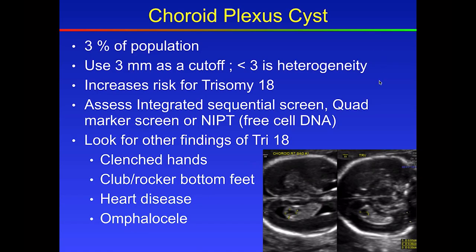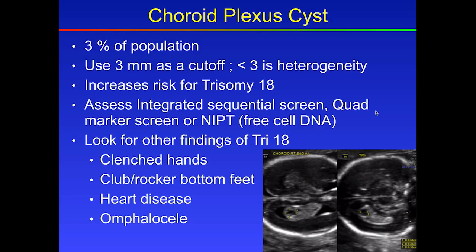Whenever you find it, we look at the integrated sequential screen or the quad marker, whatever the patient has. And some patients today will already have NIPT, non-invasive prenatal testing, also called cell-free DNA, to give us a risk for trisomy 21 and trisomy 18.